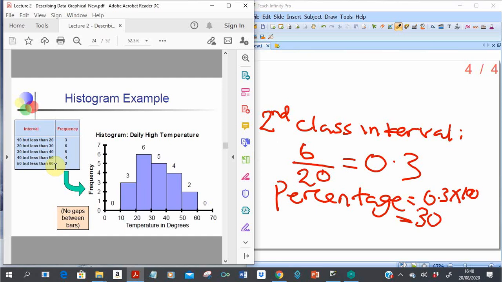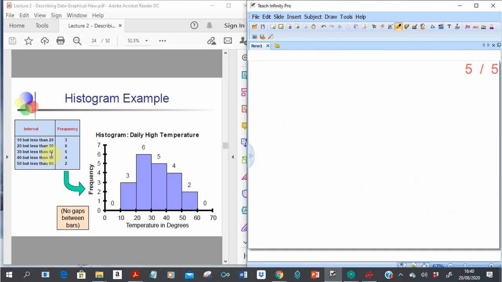If we had a class interval such that maybe we have 10 to 19, then 20 to 29, and 30 to 39, in that case, there are gaps between the last upper limit and the next lower limit. What I'm saying is this.